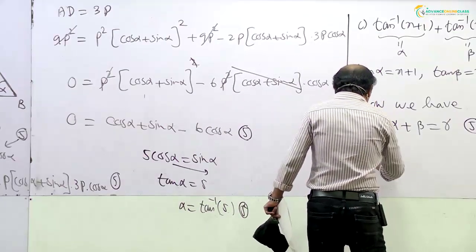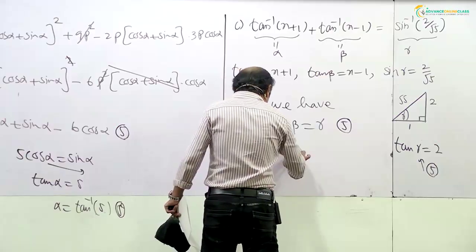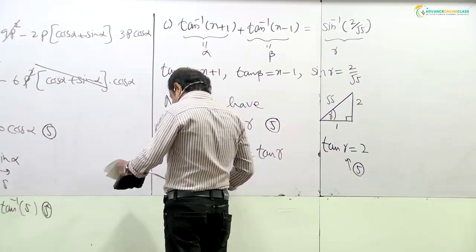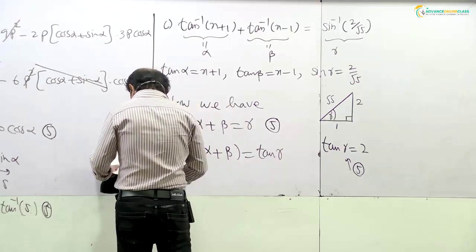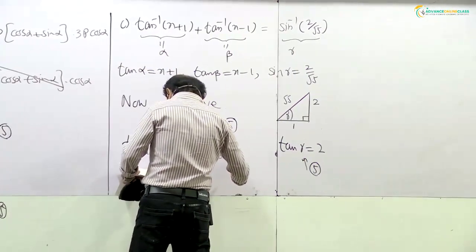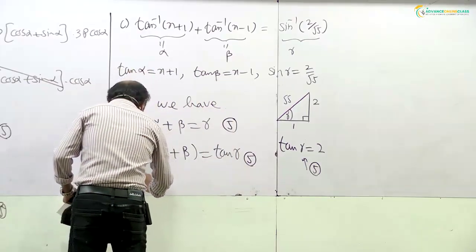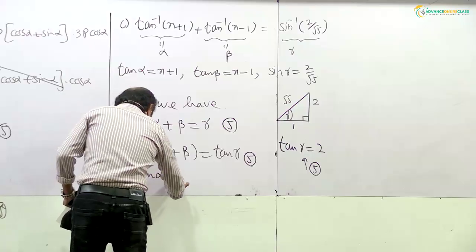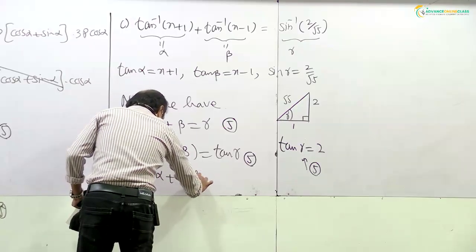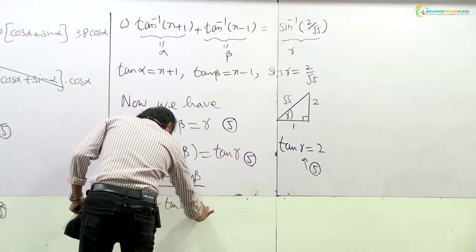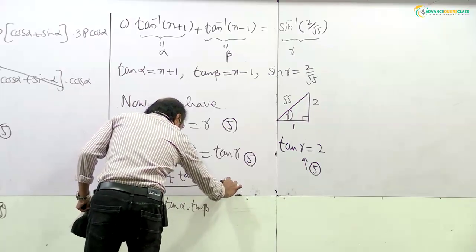Right. tan(α + β) = tan γ. Yes, for this also 5 marks are given. Then expand this: (tan α + tan β) divided by (1 − tan α tan β) equals tan γ.